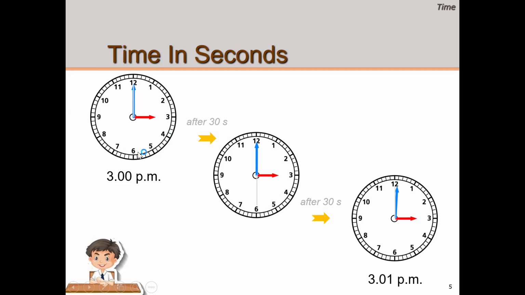After 30 seconds it moved to 6, and again after 30 seconds it has come back to its original position, that is 12. So after covering 60 seconds, this half 30 seconds, this half 30 seconds, it has covered one full clock, and the time is now 3 hours 1 p.m.